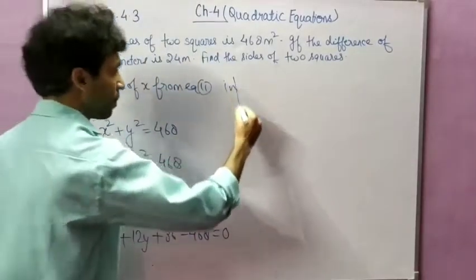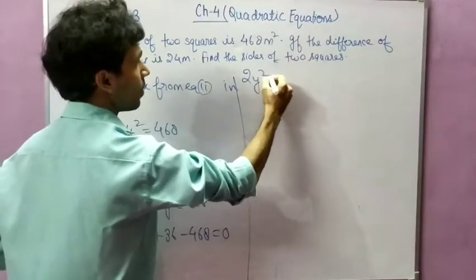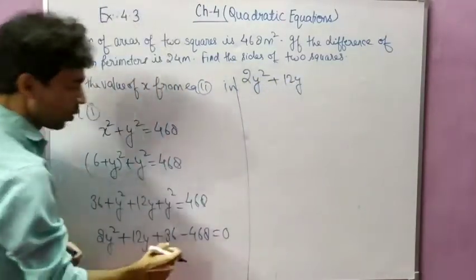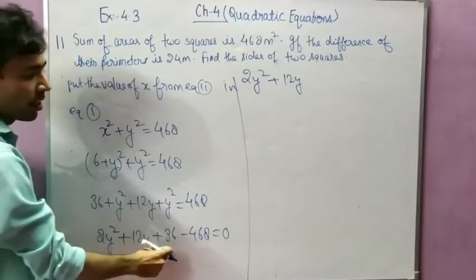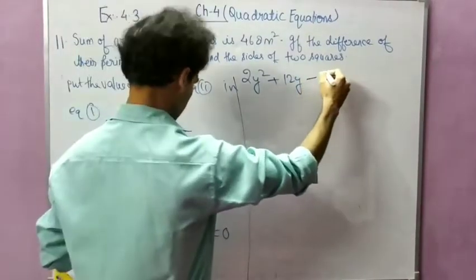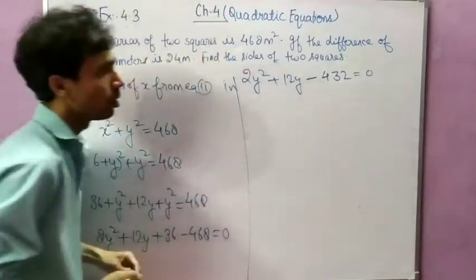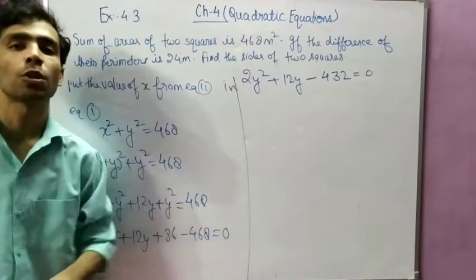Now students see, it will become 2y square plus 12y. Now 36 minus 468 will come minus 432 equal to 0. So this quadratic equation we made with the help of equation 1 and equation 2.